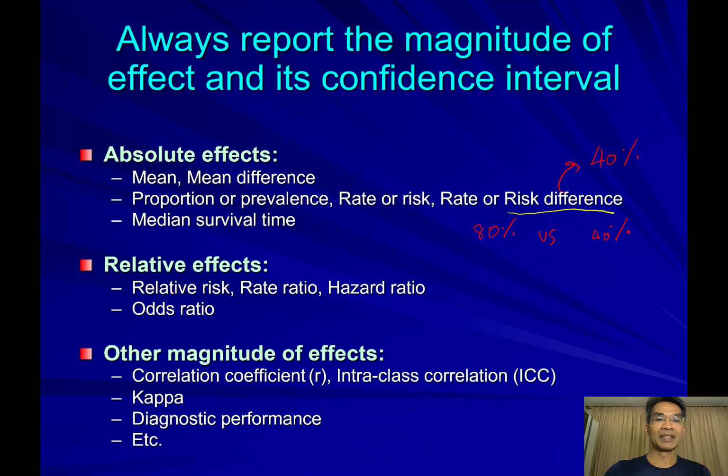But the relative risk would be 80 divided by 40, which is 2. You see, this is absolute, this is relative.